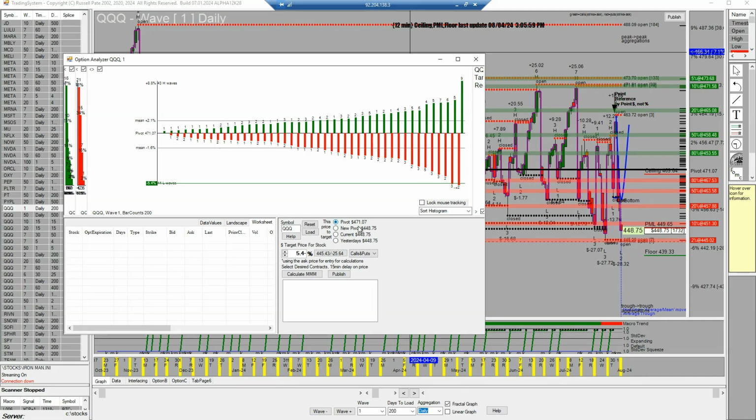Okay, we have the pivot value 471.07, new pivot 448.75, which will be the vector, right? The vector actually forms the pivot. Okay, so basically it is the future pivot.